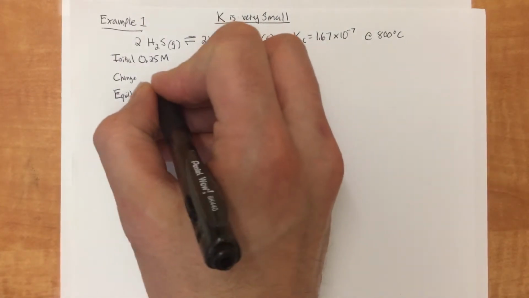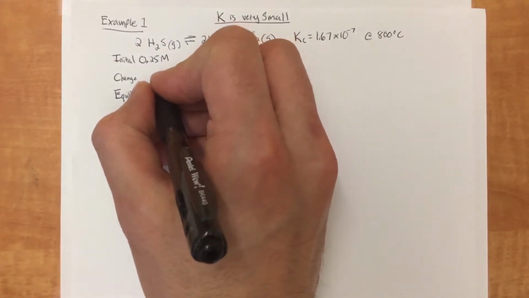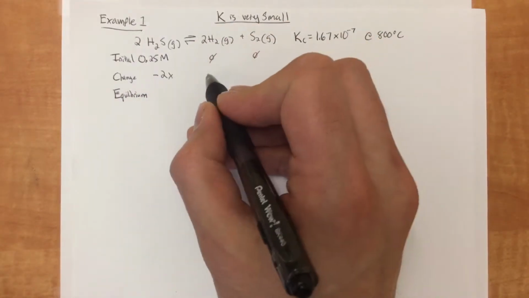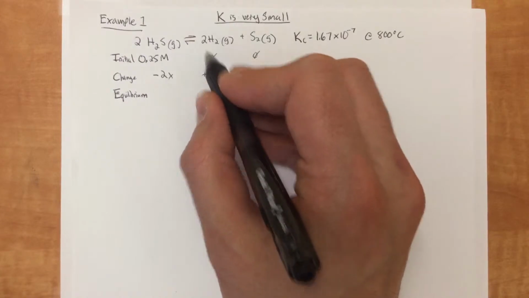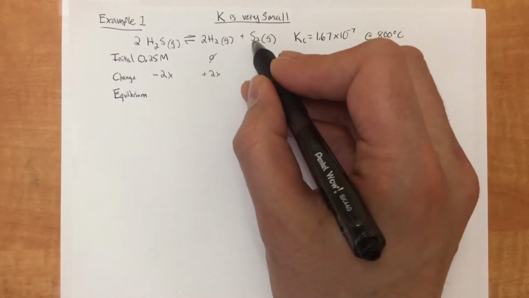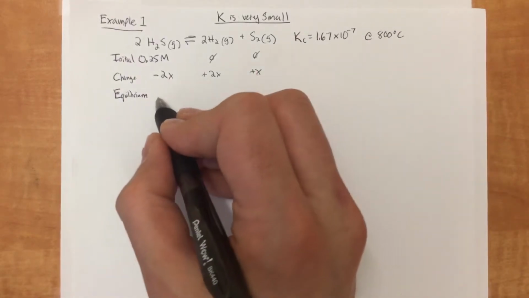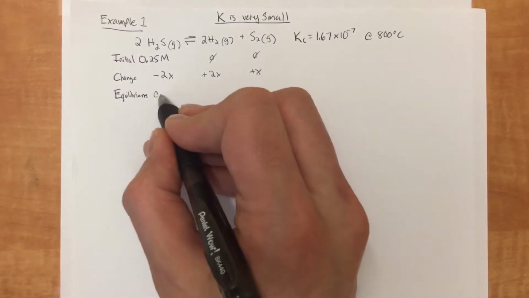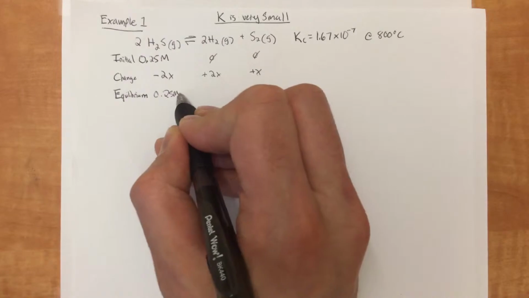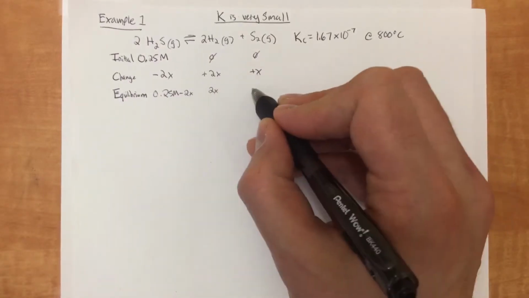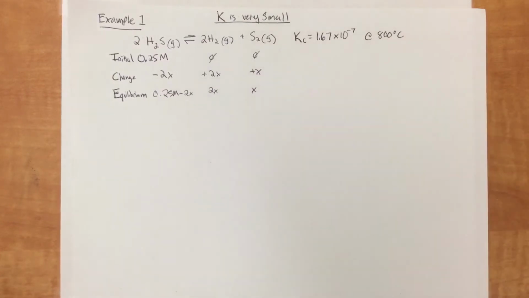So initially, we'll complete our ICE table. We say that we'll lose 2x and gain 2x and x, so that our equilibrium concentrations are 0.25 molar minus 2x, 2x, and x.